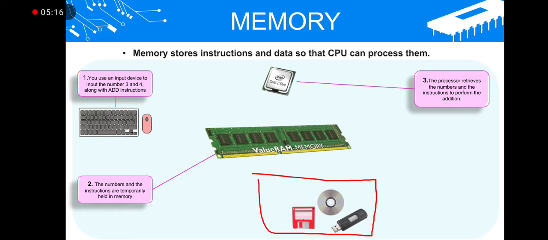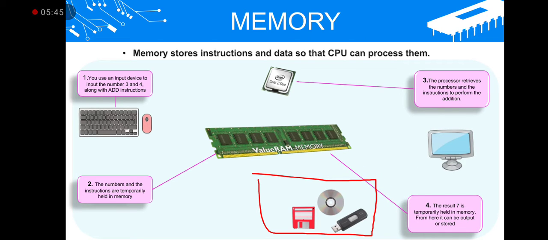In ALU, you have two parts, AU and LU. 3 plus 4 is a mathematical operation. That means it will be processed in the AU portion because AU performs the mathematical operations, right? We have studied it before. So the processor has retrieved the numbers and added them.